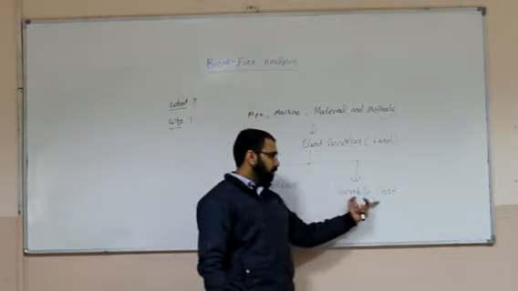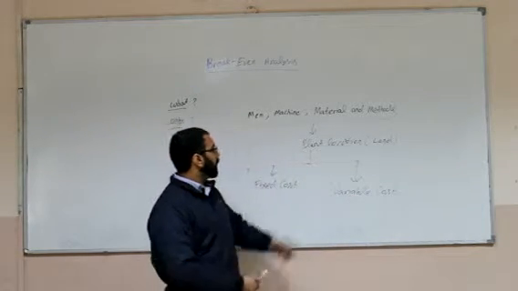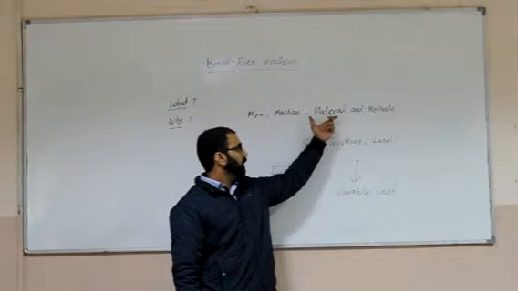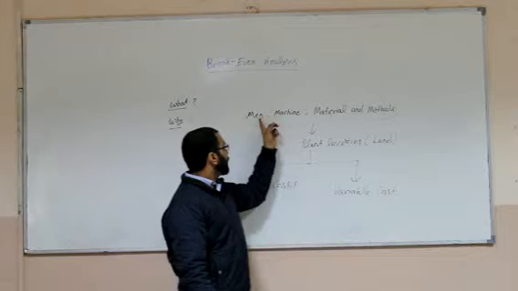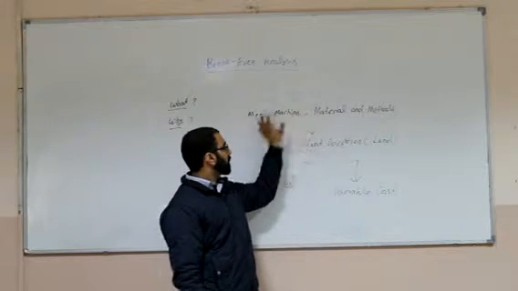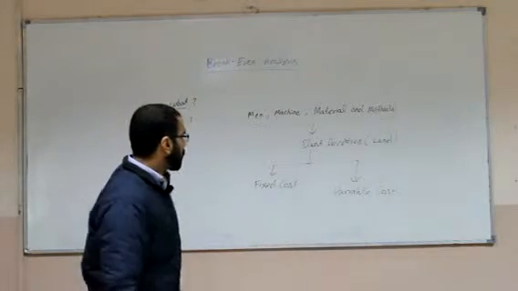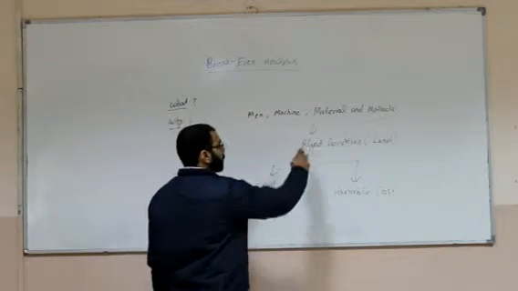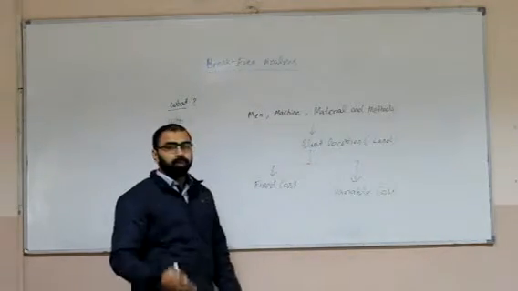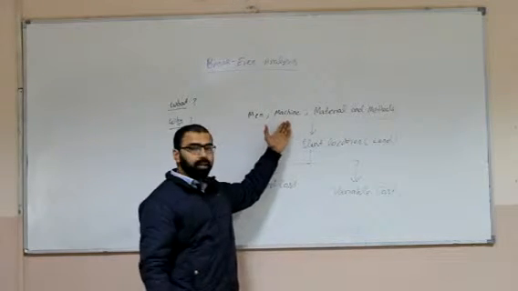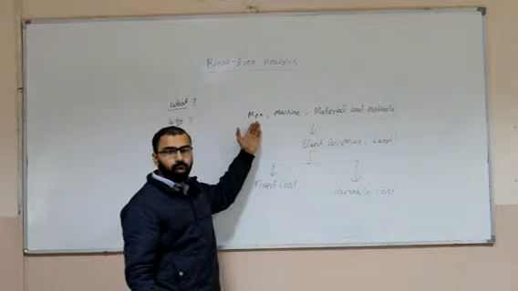So what is variable cost? I need a machine for the manufacturing of my product, material, I need men. These costs come under variable costs. Why variable? Because if I want to produce 10 products, I need material for 10, a machine that can produce 10 components, and 1 or 2 operators.